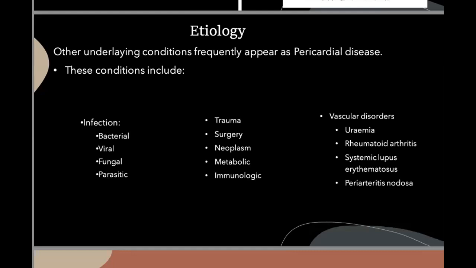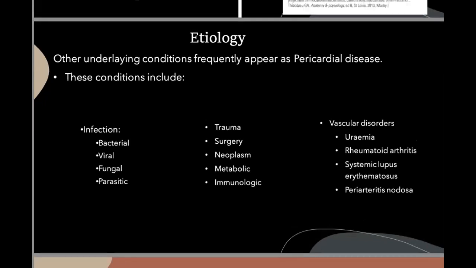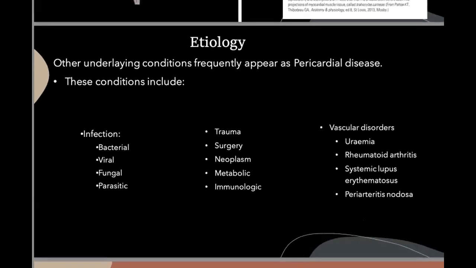Other disorders might be uremia, rheumatoid arthritis, systemic lupus erythematosus, and polyarteritis nodosa. So these are just general causes. It is just an overview of what can be the underlying problem, and these problems will later on appear as pericardial diseases.